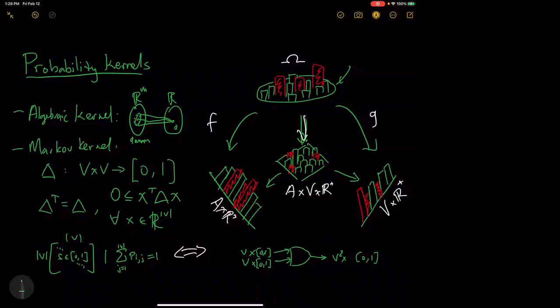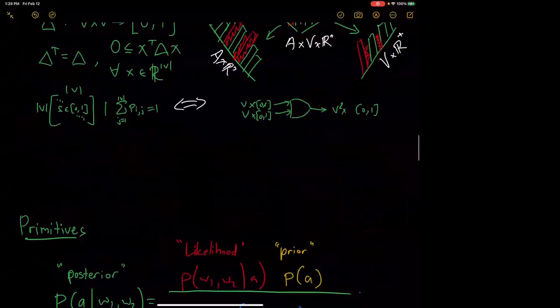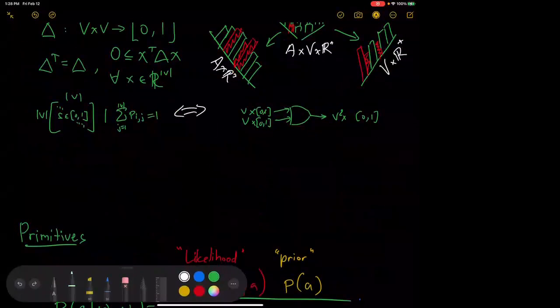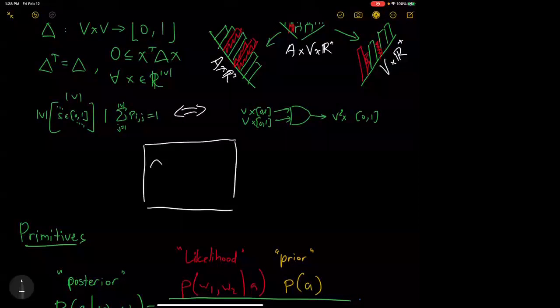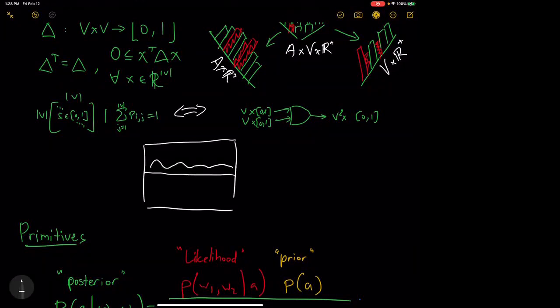And crucially, this has to be normalized. So the rows of this matrix all sum to 1. If you want to picture it, we can draw a little picture of the rows in this matrix. Basically, they're probability distributions. Each row is a discrete thing, so it'll be something like this, right?